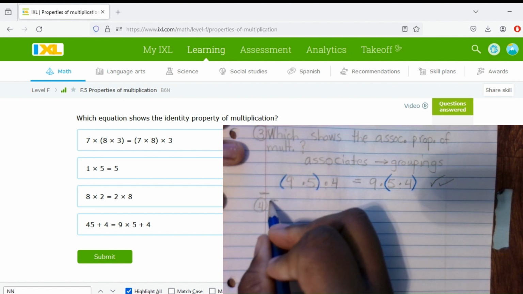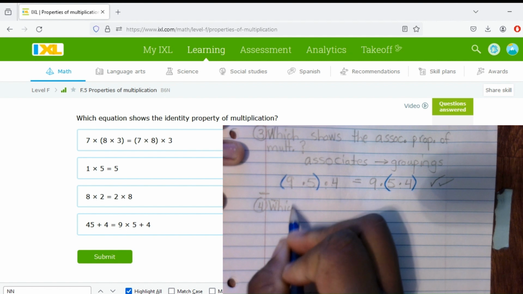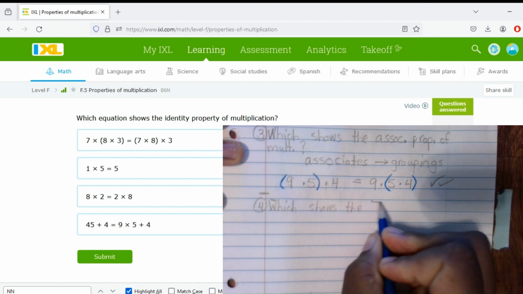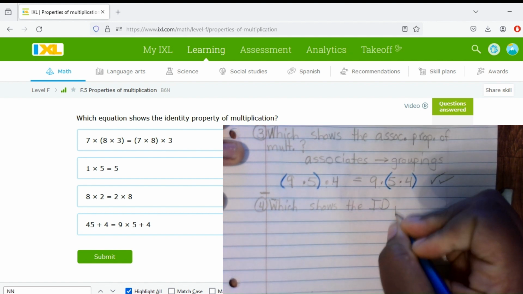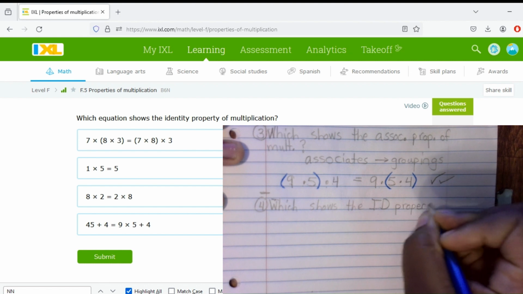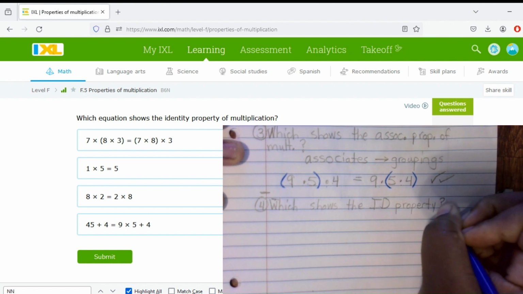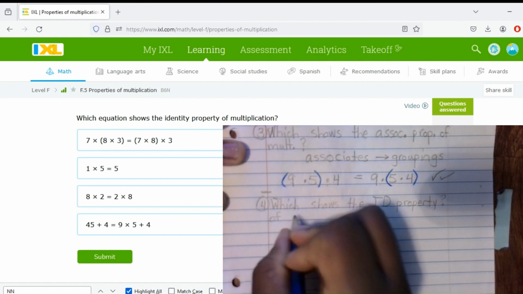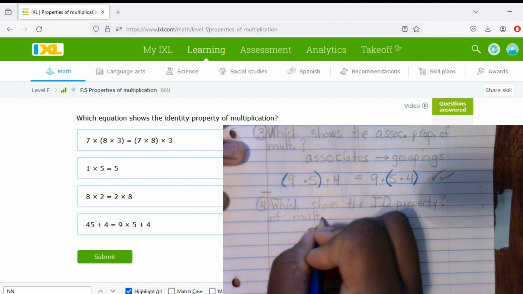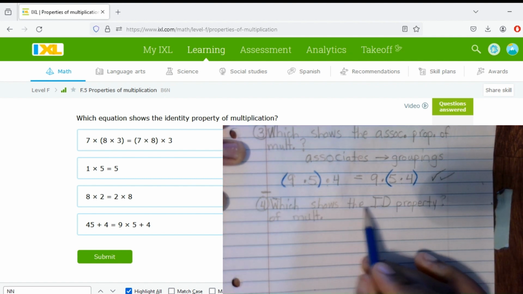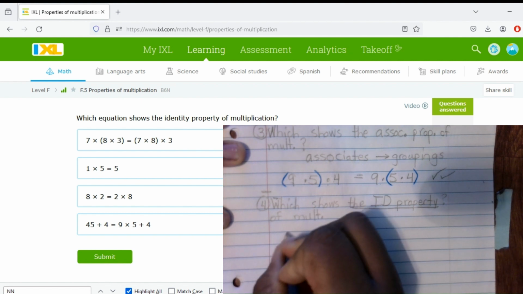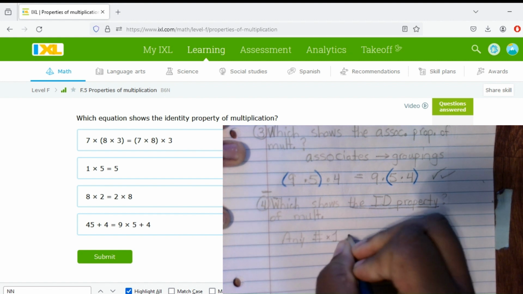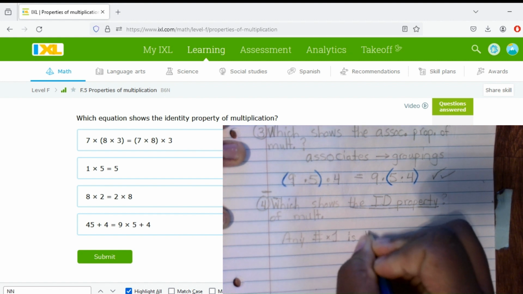The identity property of multiplication. Well, I know the jingle for the identity property. Any number times 1 is that same number.